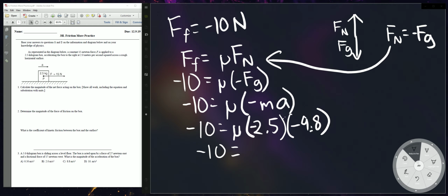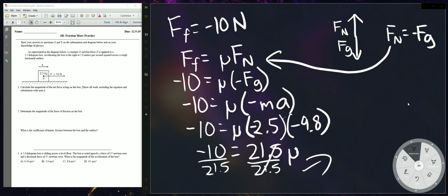Negative 2.5 times negative 9.8, that's about 24.5, somewhere around there, then negative 10 divided by that, and so we get a mu of something.